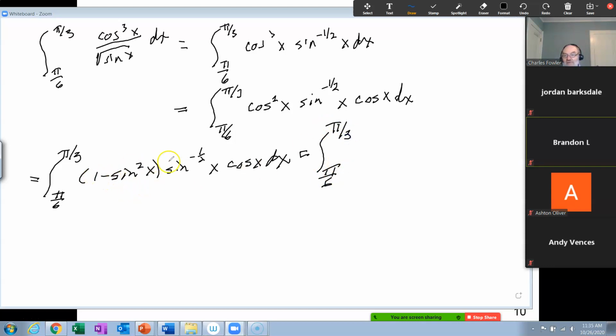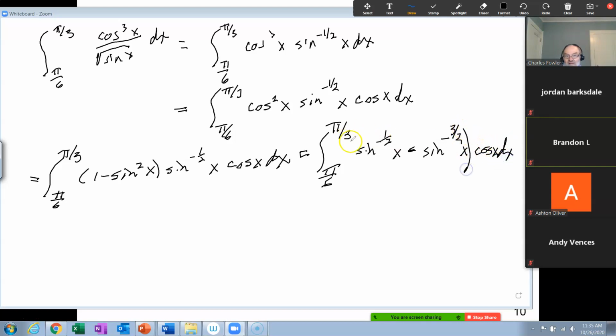Distribute here, that would be a sine to the minus 1/2 x, and this will be 2 halves, minus, forgot my minus sign, sine to the minus 3/2 x, and then we have cosine x dx.